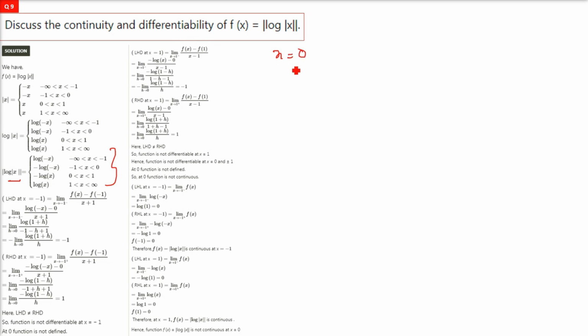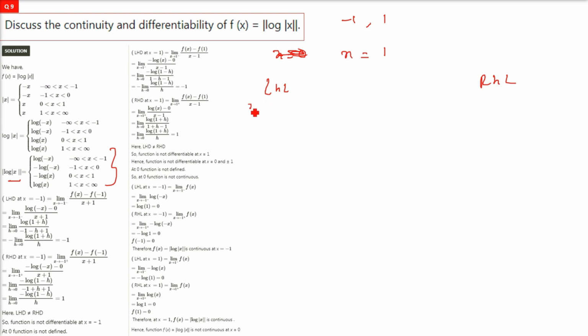Differentiability we have already checked at x equals to negative 1. So let us check the continuity at 1. I will leave x equals to minus 1 for you. That is why I show the answer also, so that if you have any trouble, you can just refer to it.